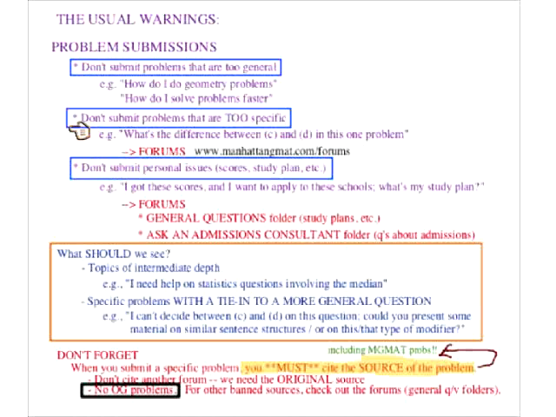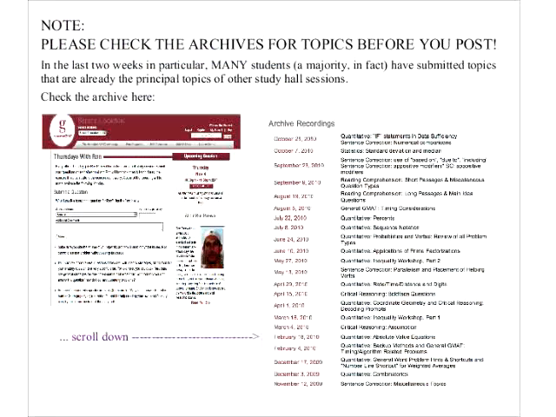Okay, good. Now let's look at the next warning, usual warning page. Again, please check the archives. Probably 20 or 30% of our submissions from the last couple of weeks is stuff that we have already covered. We had one person ask about the least extreme negation, aka reversal method. That's already there in March 4th, critical reasoning assumptions.